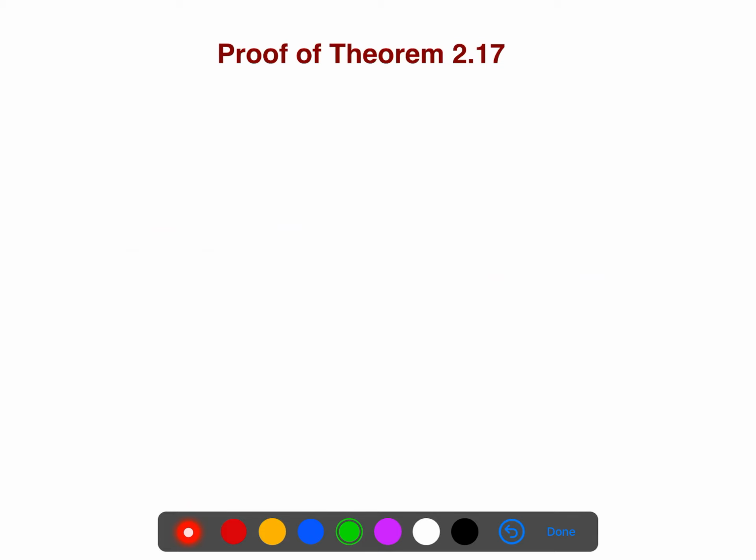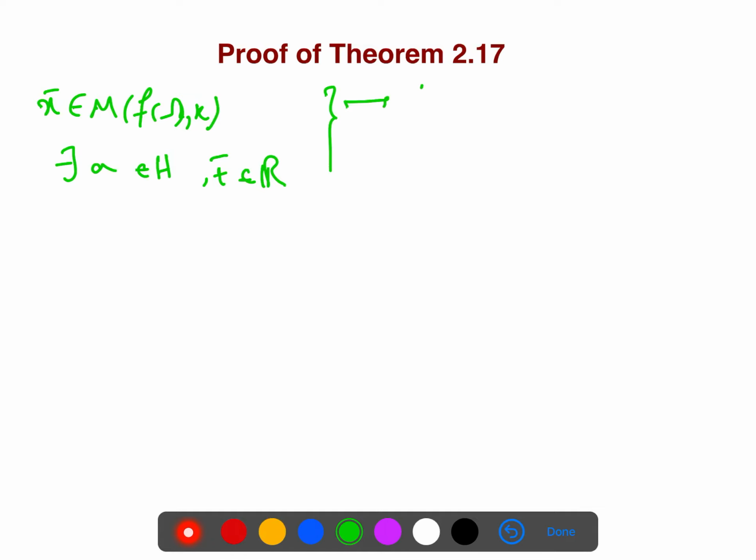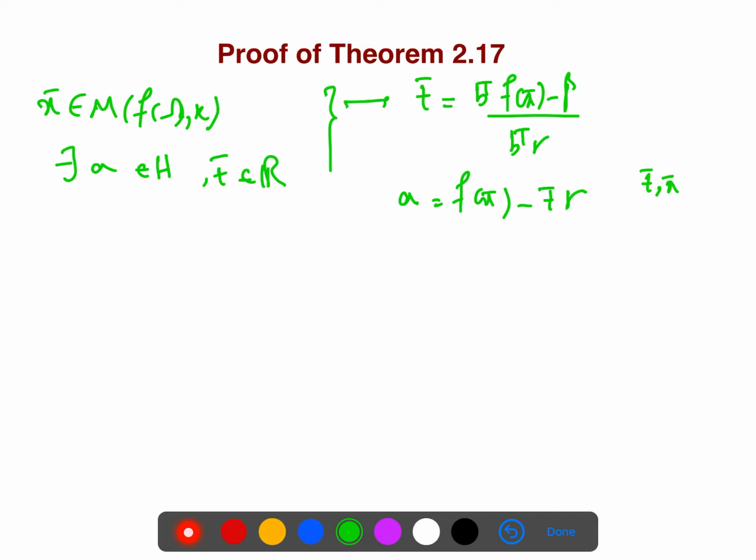For that, we want to prove that if x bar is inside M of f of omega and K, there exist parameters a and t bar in R such that t bar is equal to b transpose f of x bar minus beta, divided by b transpose r, and a is equal to, we already know that, f of x bar minus t bar r, so that t bar and x bar is a minimal solution of SP(a).